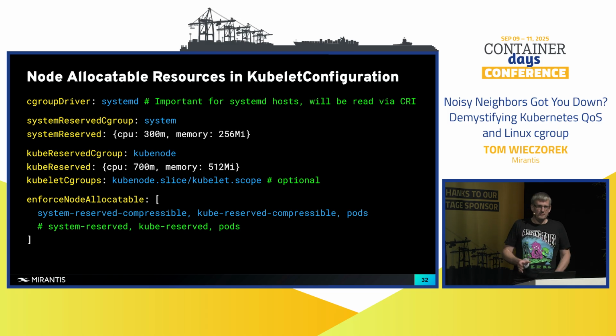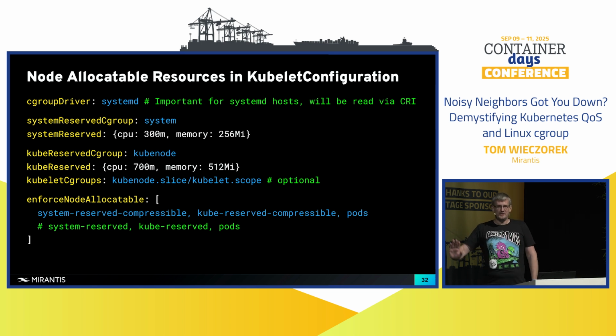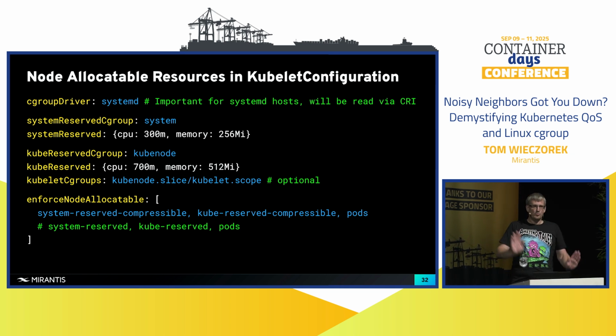And this is a problem because, as we learned, the CPU weights are relative. If you're just leaving the kube node and the system cgroups at their default levels, they will not match the things that are calculated for the kube pods. So this won't align.